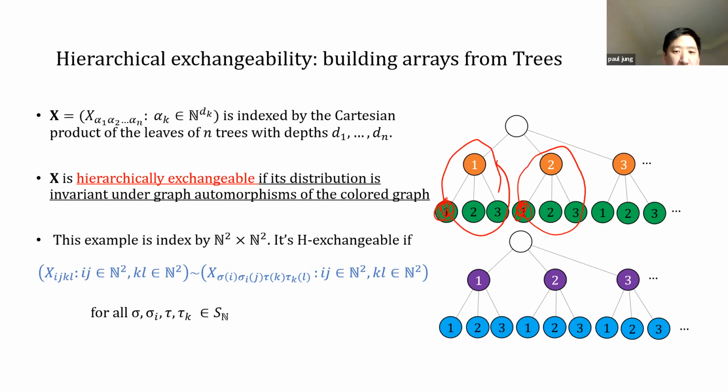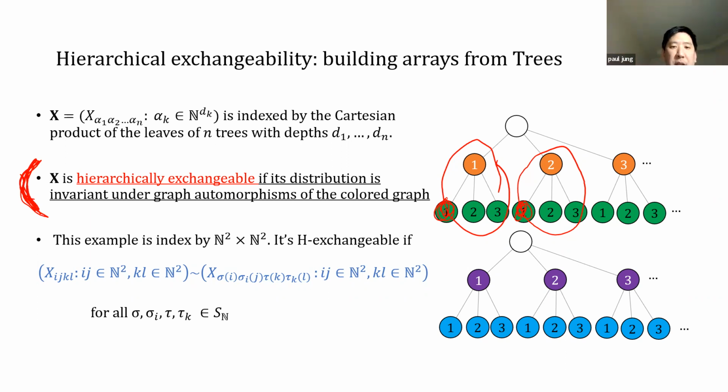So I'll show you a better example, a picture of what sort of exchangeability this definition gives us. But this is the definition of hierarchical exchangeable. It's that the distribution is invariant under any graph automorphism that respects the colors of this graph.